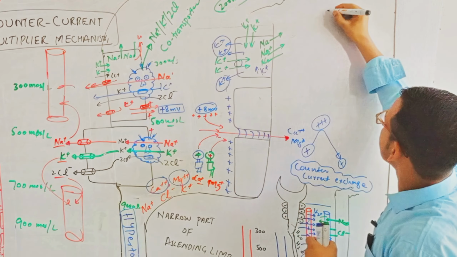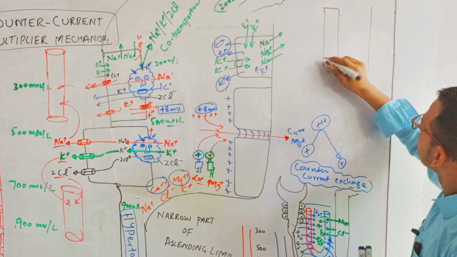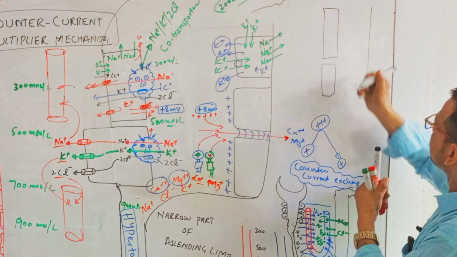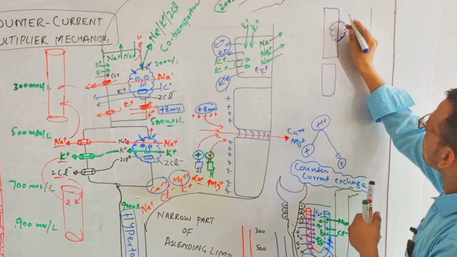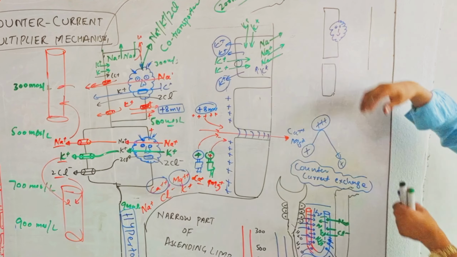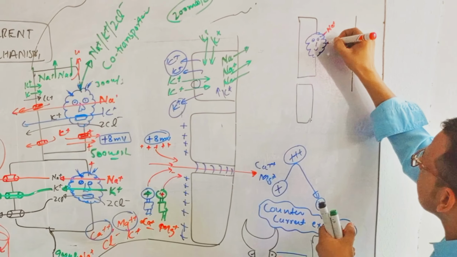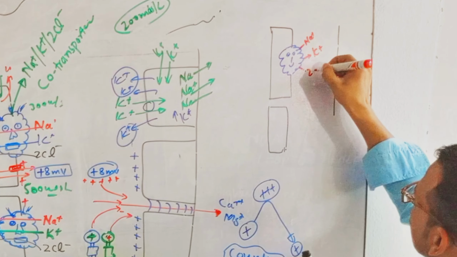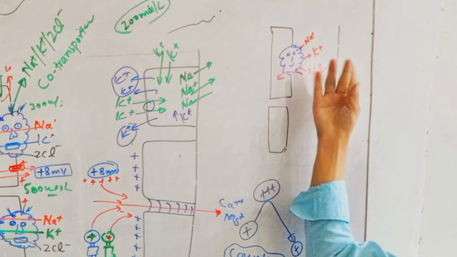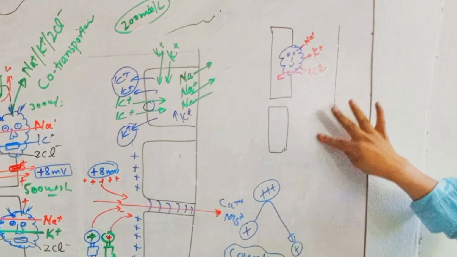For example, this is the loop of Henle, and we have the sodium potassium 2 chloride co-transporter here. I have told you that it takes sodium, it takes potassium, and it takes 2 chlorides into the cell, decreasing the solute concentration in the lumen.